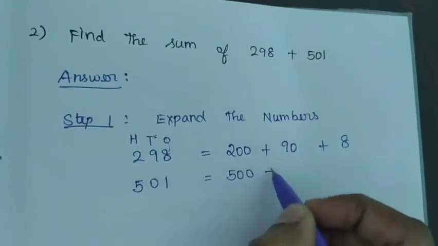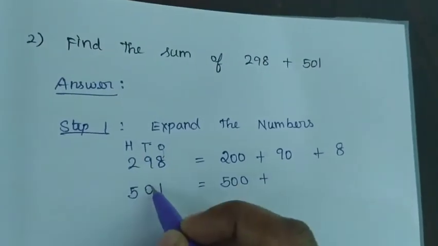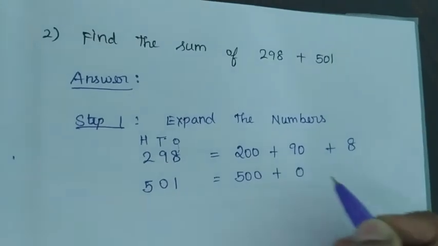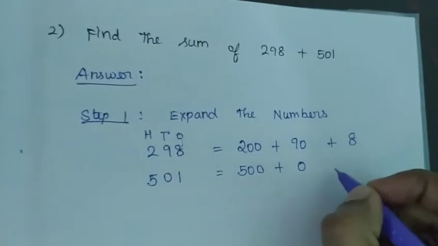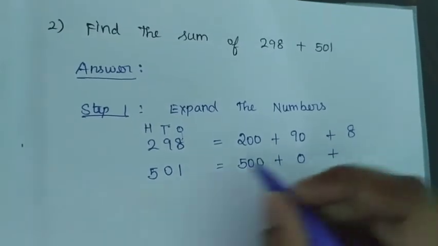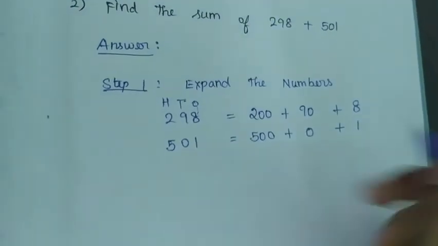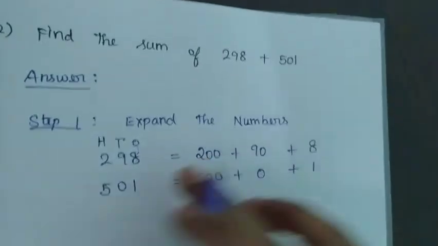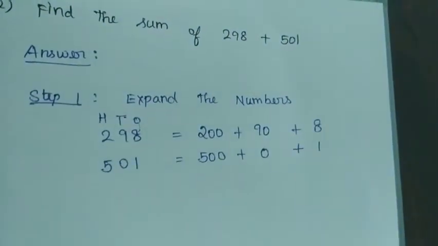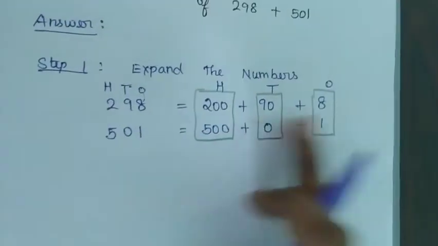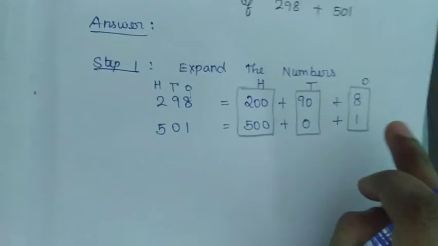So 500 plus 0 tens means 0 only. So how many ones? Only 1 ones, so put 1. Now we completing the expanded form and we want to put the box. Put the box like this, ma, and write ones, tens, 100. Okay, the step 1 is over.